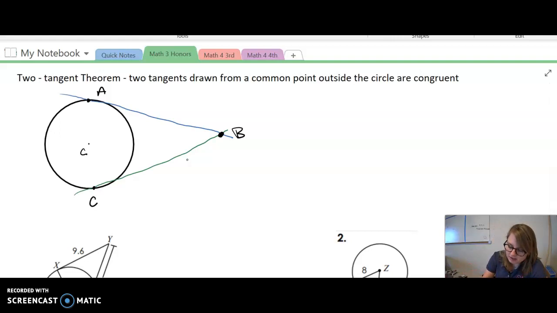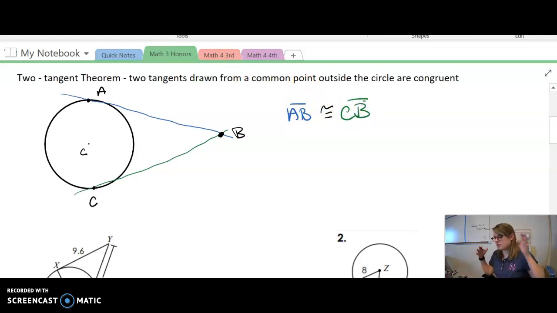And automatically, because they have a common point outside of the circle, we can say that AB is congruent to CB. Now I know my drawing's not perfect with drawing through the points, but you get the point. So this is an important theorem to keep in mind.